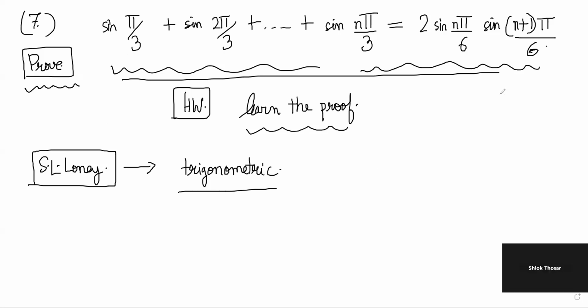Sir, I think combining terms. How many terms will you combine when there are n terms here? How will you combine terms? Making some, like we do in sequences. What will you do?